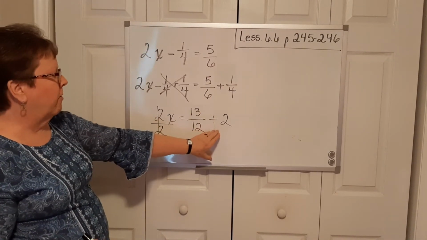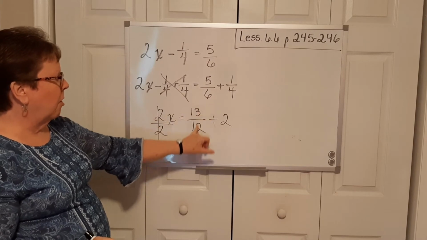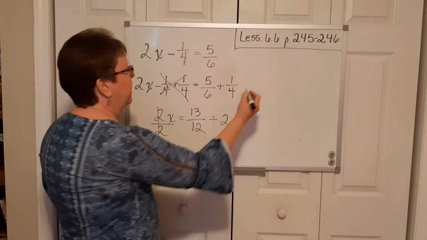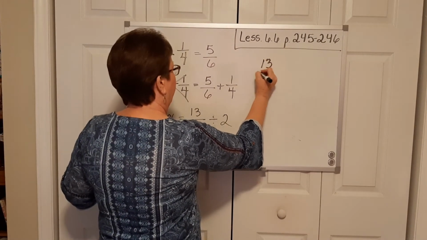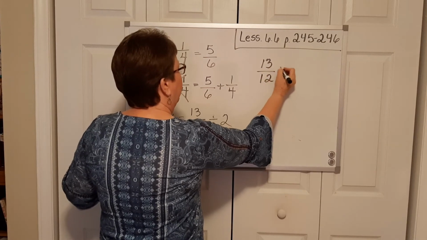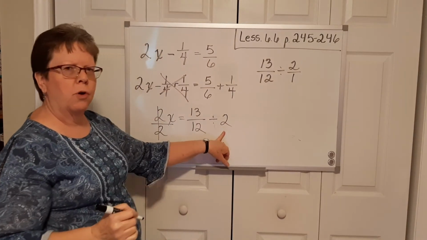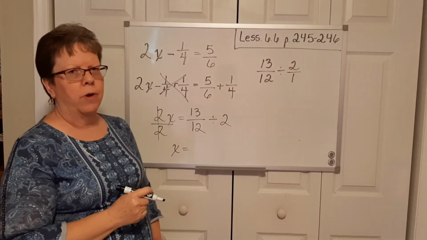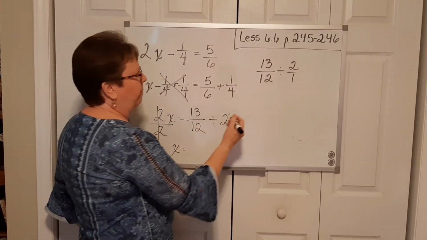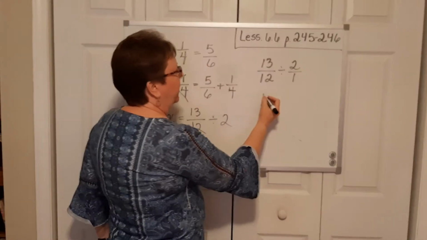Okay, now for our division problem here, this one's already in fraction form, so we have to make that one in fraction form. So we're going to have 13 over 12 divided by, and remember, 2 over 1. Anytime you have a whole number, to make it a fraction, put a 1 under it. Okay, one last step. We're going to rewrite it as a multiplication problem.